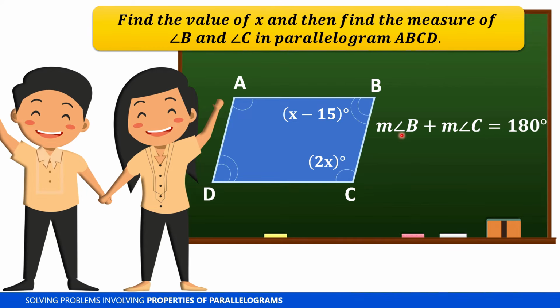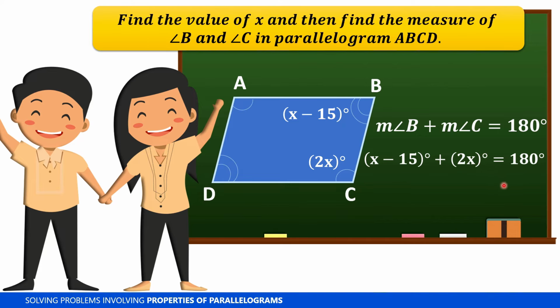The measurement of angle B plus the measurement of angle C is equal to 180 degrees. So let's substitute the quantity x minus 15 degrees for the measurement of angle B, plus the measurement of angle C, which is the quantity 2x degrees, is equal to 180 degrees.